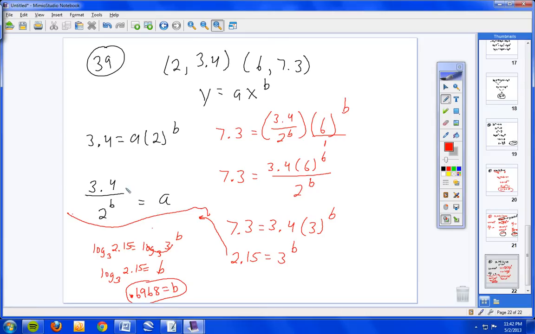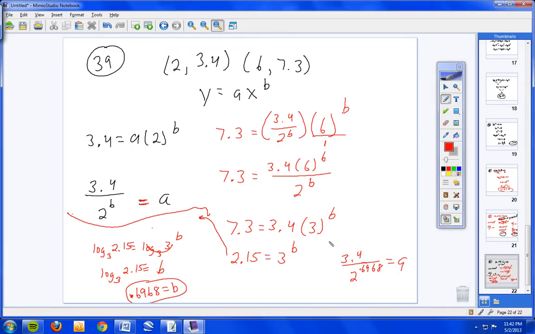Now, come up here to a. What does a equal? a equals 3.4 over 2 to the b power. What does b equal? 0.6968. So really, I can take this function right here and say 3.4 over 2 to the what power? b, and b equals 0.6968. So we type this whole thing into our calculator.